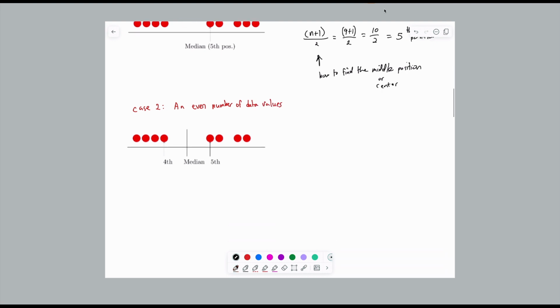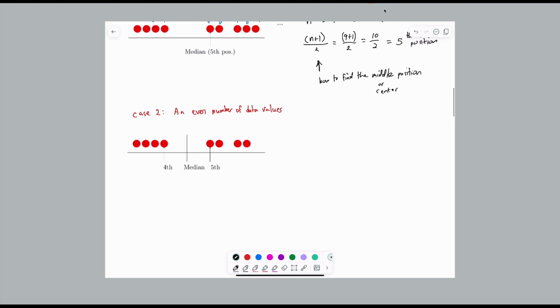So if we want to calculate the central position or the middle position using our formula n plus 1 divided by 2, well, n in this case is 8 since there's 8 dots. Now, 8 plus 1 gives us 9, and 9 divided by 2 gives us 4.5. So this tells us the middle value is in the 4.5 position.